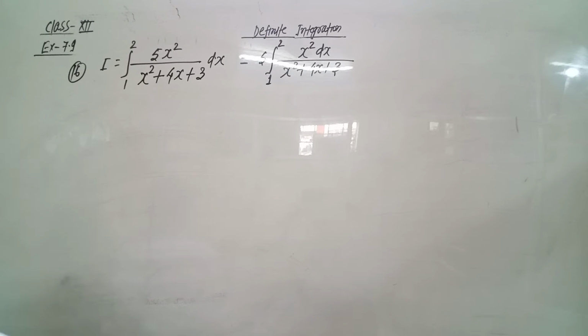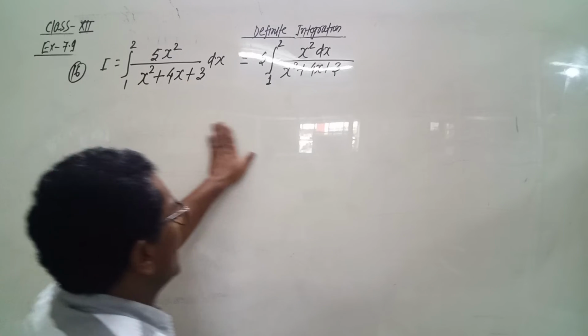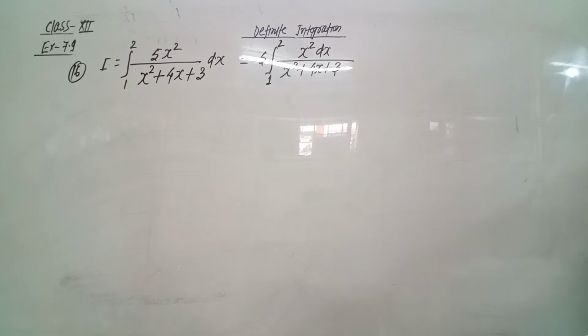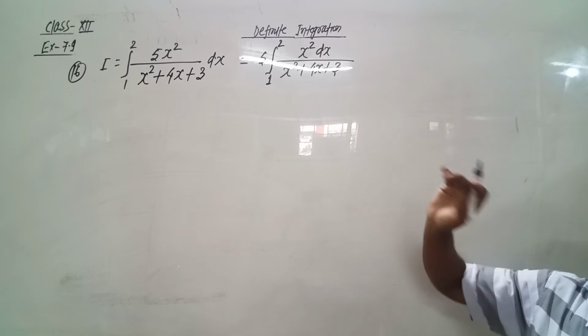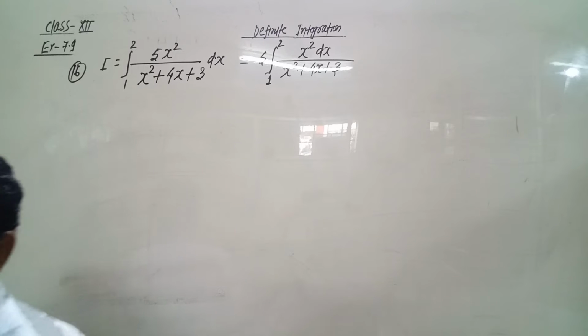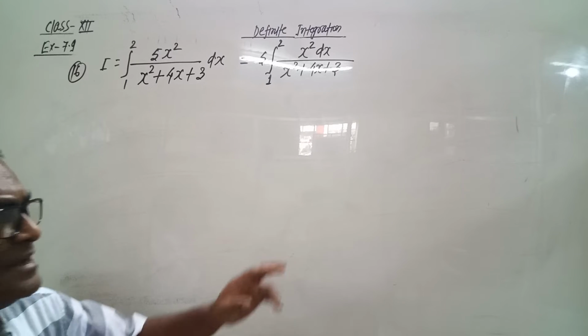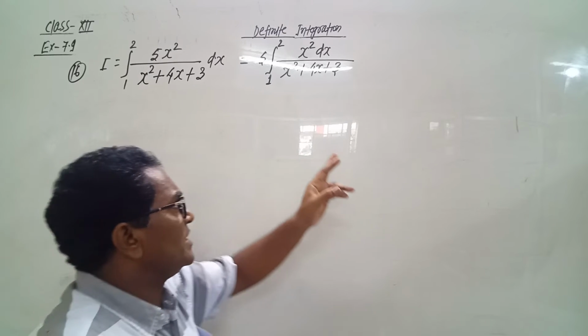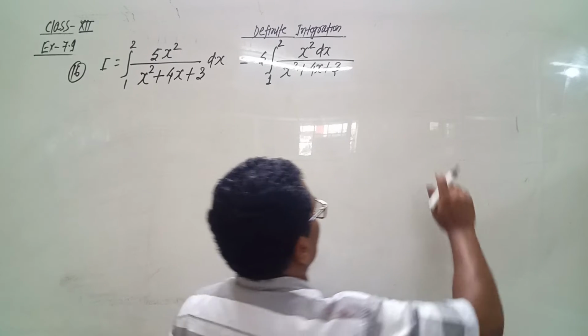Here the degree of numerator and denominator is 2. If the degree of numerator and denominator is the same, or the degree of numerator is greater than the degree of denominator, then in both cases we divide numerator by denominator.